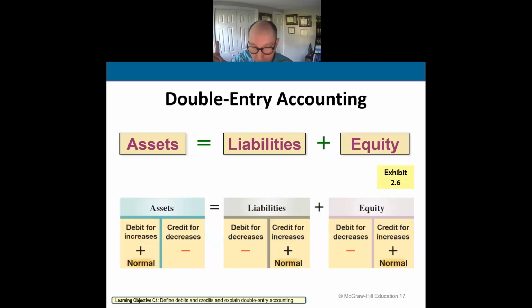The first transaction is we record the expense and the liability. Wages, for example: two weeks go by, we debit wage expense and we credit wages payable. We're recording the expense and the payable at the same time.